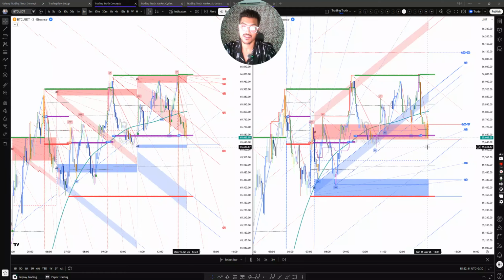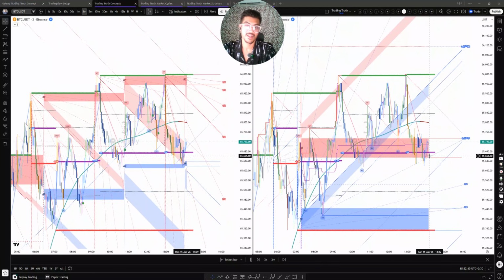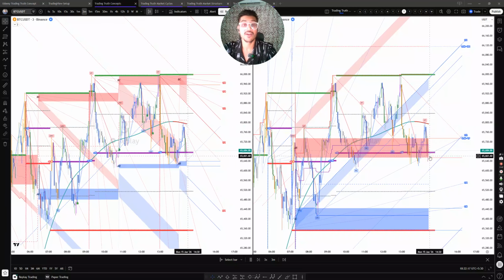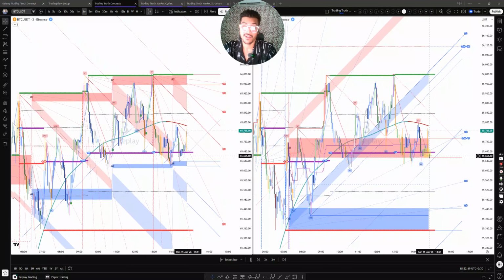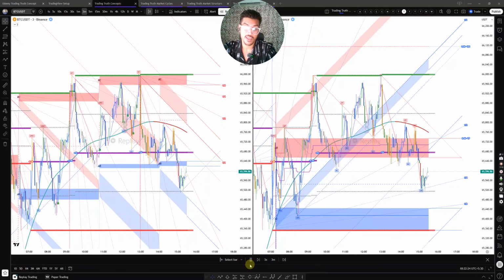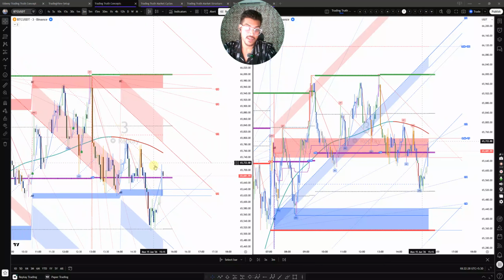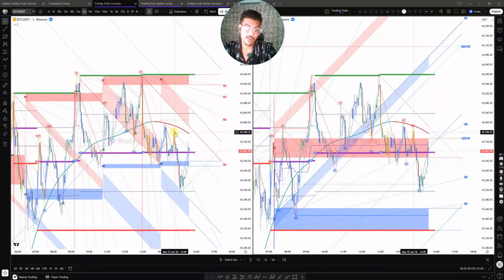These are the channels which are given to us by the market. We haven't created them ourselves. You can see how the market is respecting those lines. You see this trend line, how it actually respected that there. Right, and as it turned red, the market went down following this trend line.